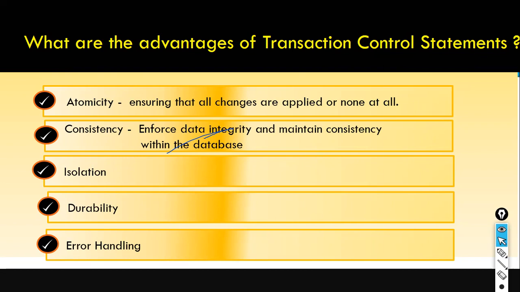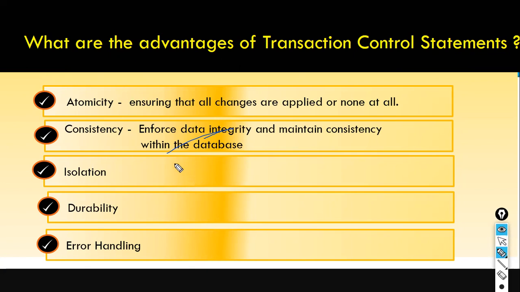Let's say two transactions are happening in parallel. Let's say you are transferring money from your account to your friend's account. In the meanwhile, the other person is inquiring about your account balance, account A's balance. So in this case, for example, I will write it here.